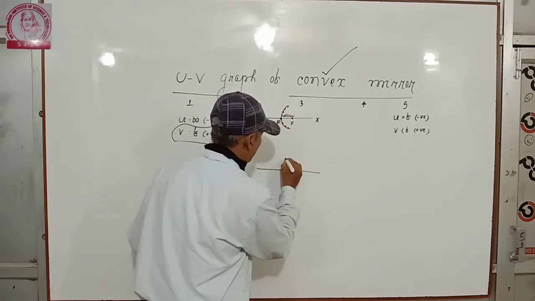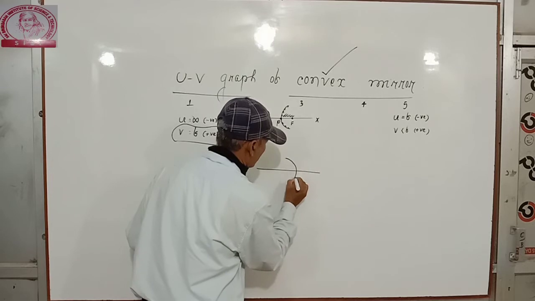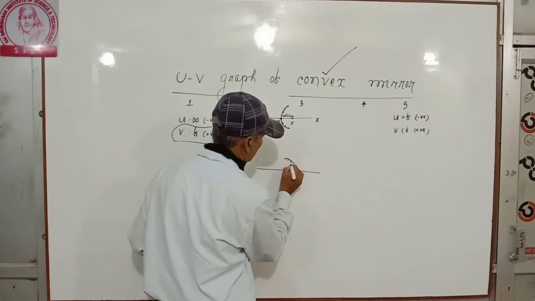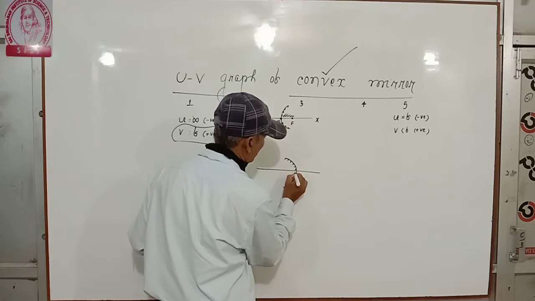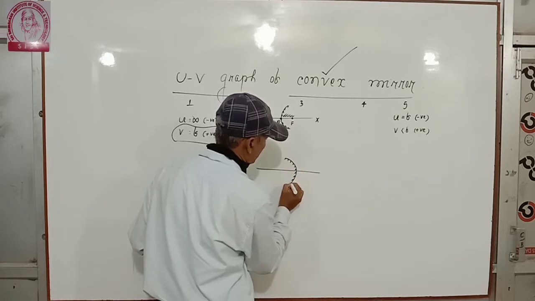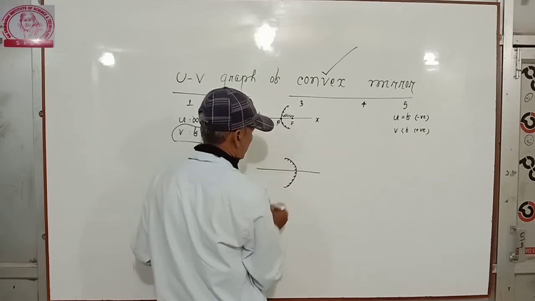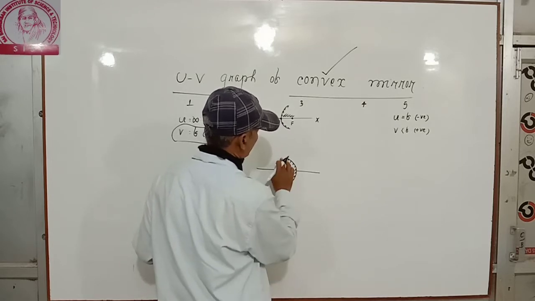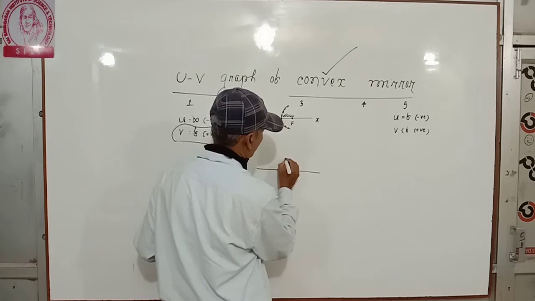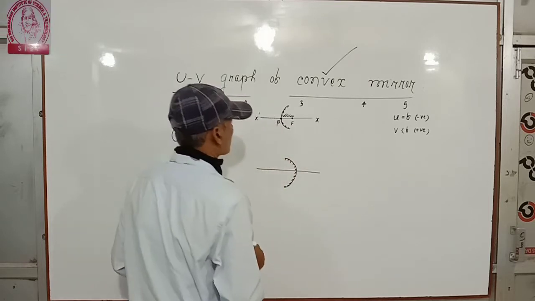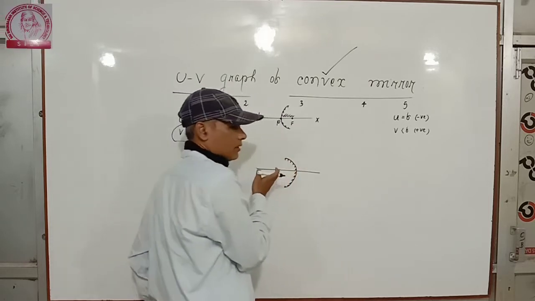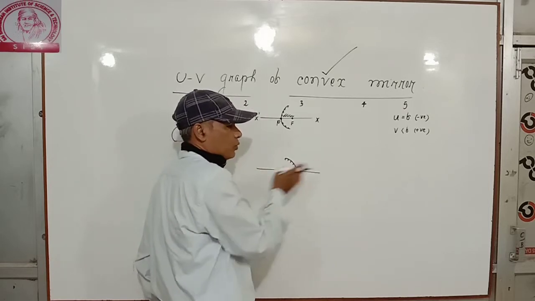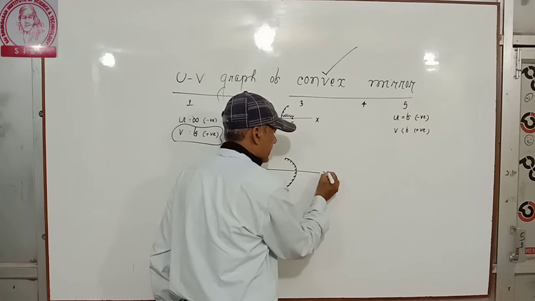Let's say the reflecting surface of the convex mirror faces towards positive x-axis.